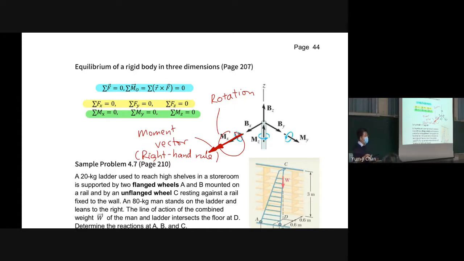I will talk about this when I give you the scripts for quiz 2. I will give it to you at 3 p.m. So remember, if we have a rotation here, then to write down the moment vector of this rotation, the vector should be pointing in the direction given by the right hand rule.